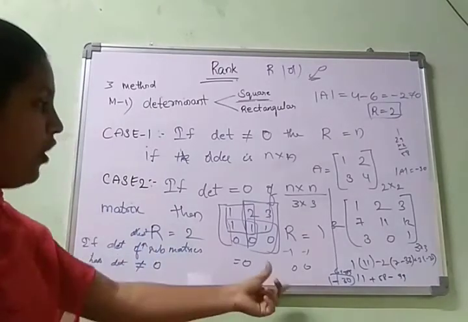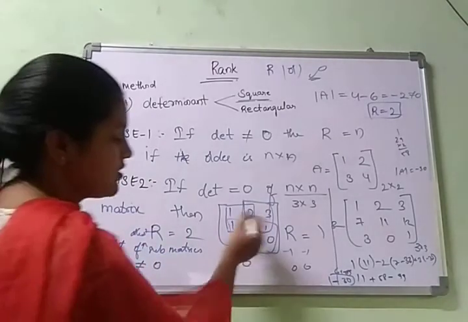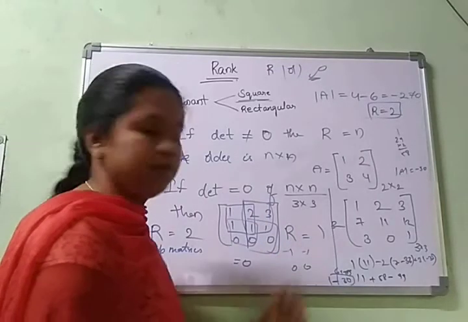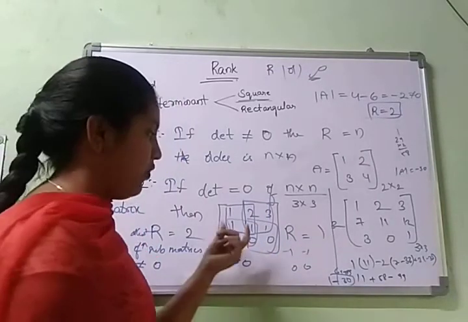If all the submatrices have determinant 0, therefore the rank is 1. Okay, have you understood?